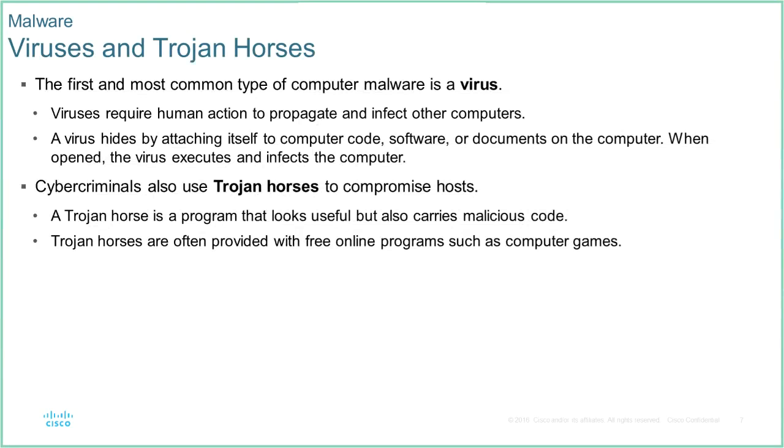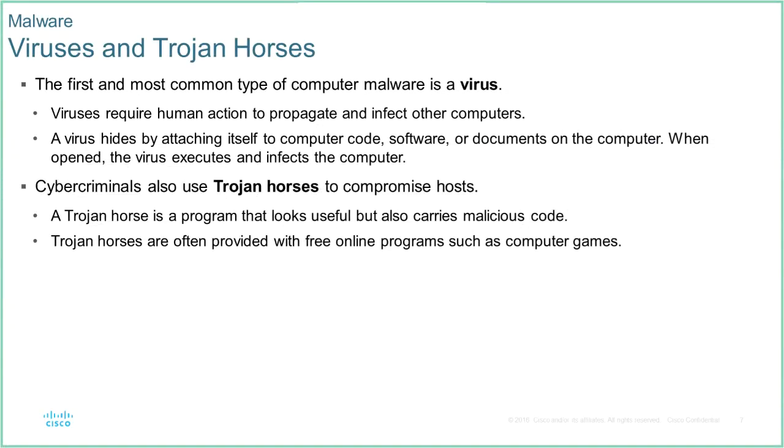Whereas Trojan horses basically do not require that interaction. So basically they're an automatic code that will self-replicate under certain conditions. Okay, like when you're playing a game or using a piece of software, it will propagate itself.